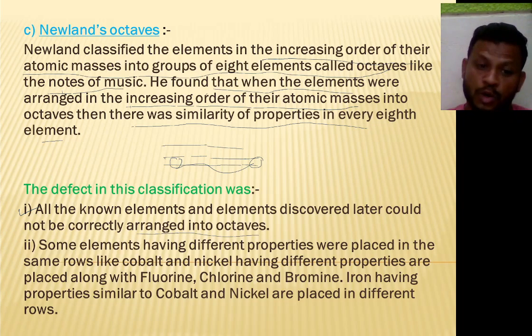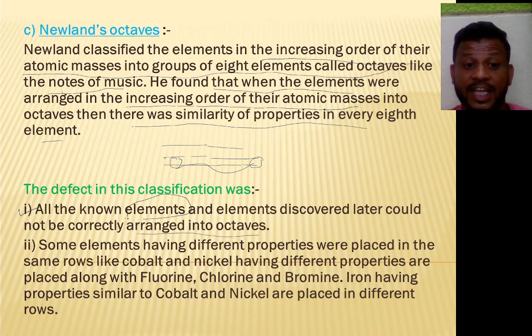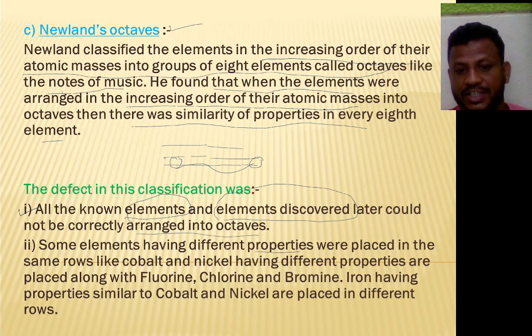It means the elements known at that time and those discovered later were not classified by the octaves method. Why? Some elements having different properties were placed in the same row.